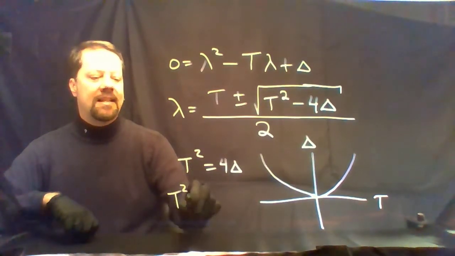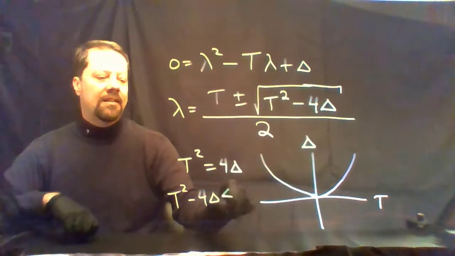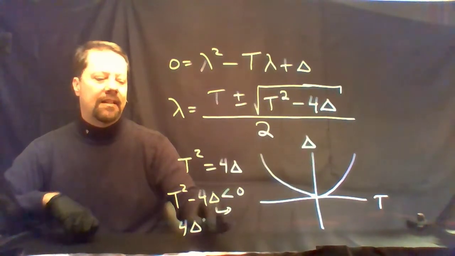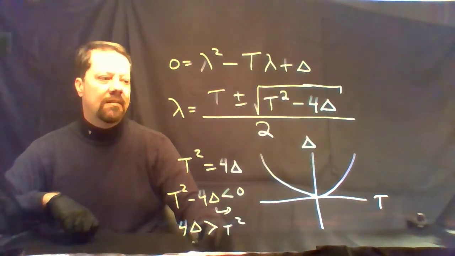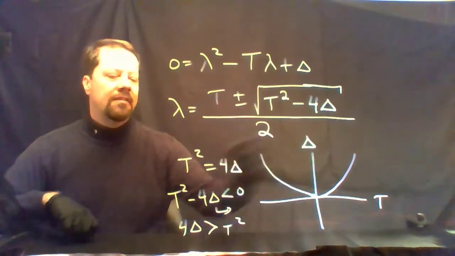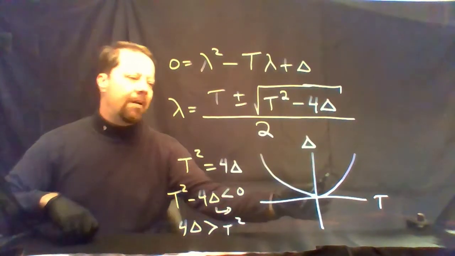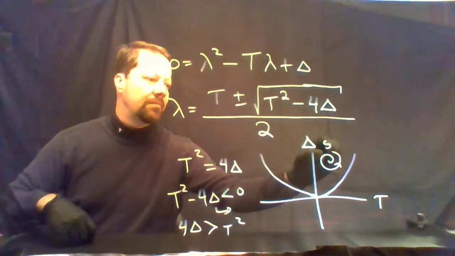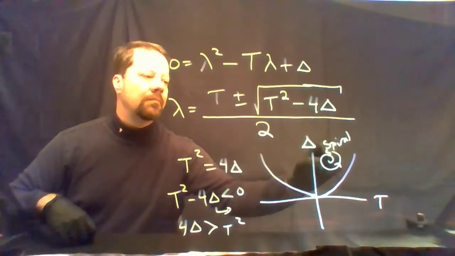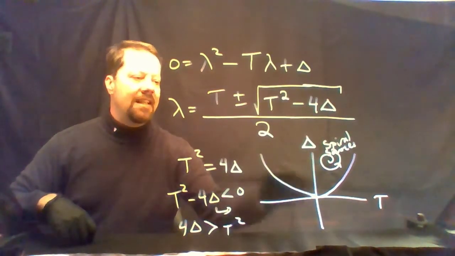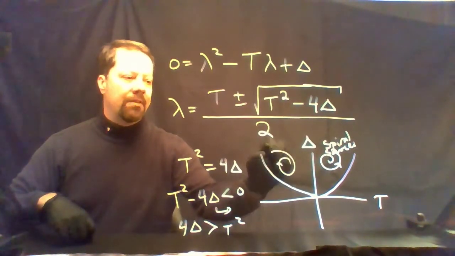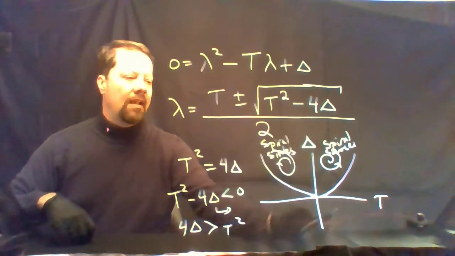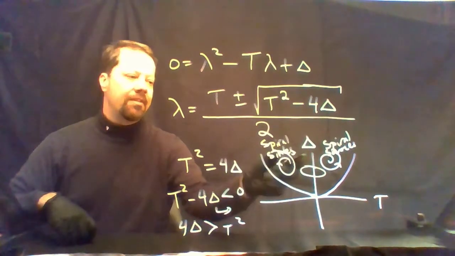If we're assuming that t squared minus 4 delta is less than 0, that implies then that 4 delta is greater than t squared. That puts us into the region above the parabola. Above the parabola with t positive, we have spiral sources. If t is negative, we have spiral sinks. And when t is equal to 0, you have centers.